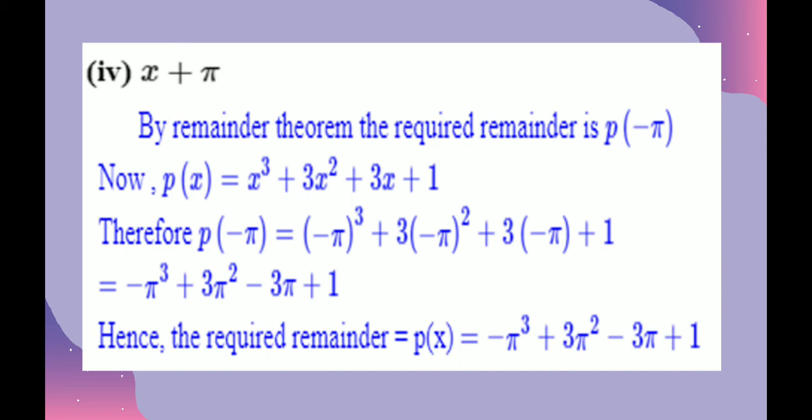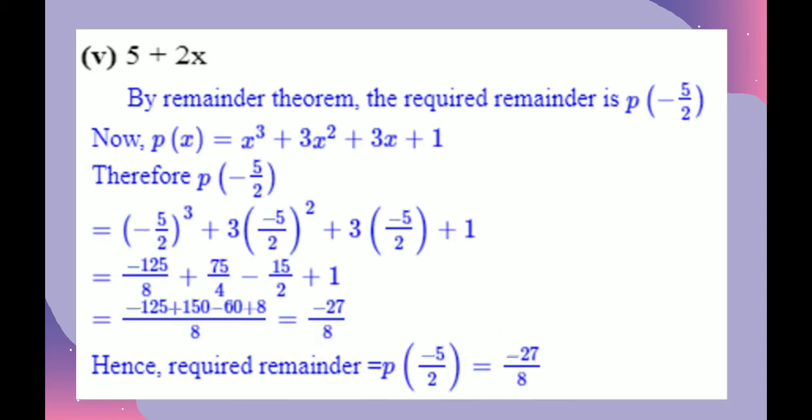So, the solution is minus pi cube plus 3 pi square minus 3 pi plus 1. Hence, the required remainder p(x) is equal to minus pi cube plus 3 pi square minus 3 pi plus 1.